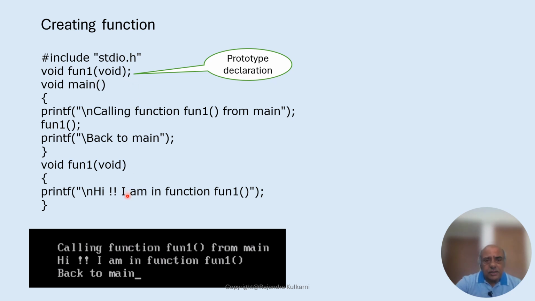In this program there is no other function, so we might have declared it in the main also, but it is a good practice to declare the functions outside the main. This void fun1 in the brackets void and a semicolon is called a prototype declaration.